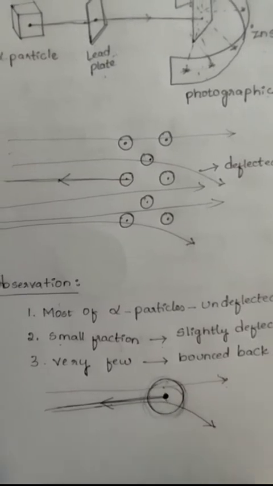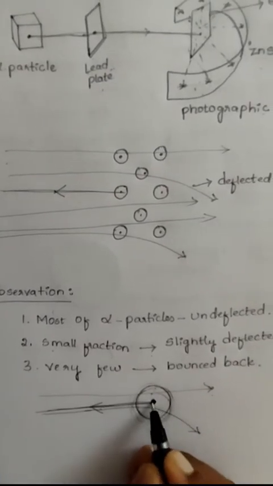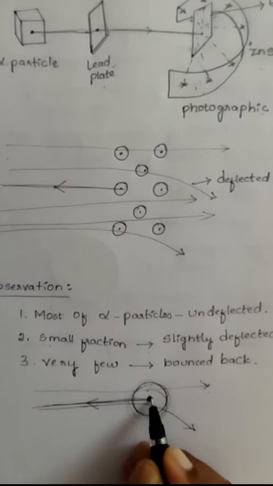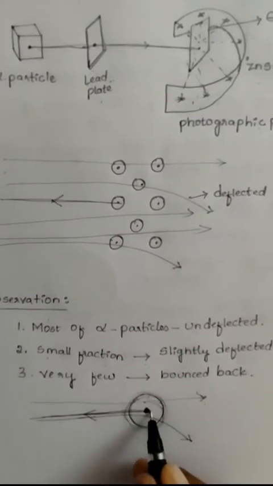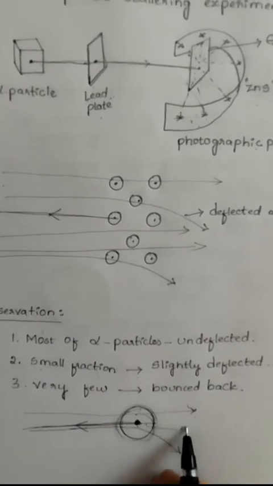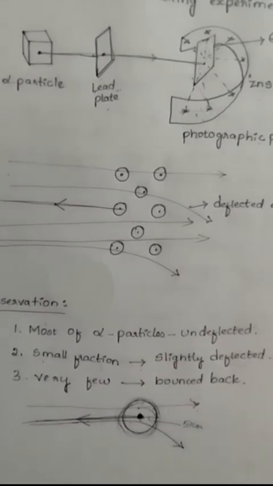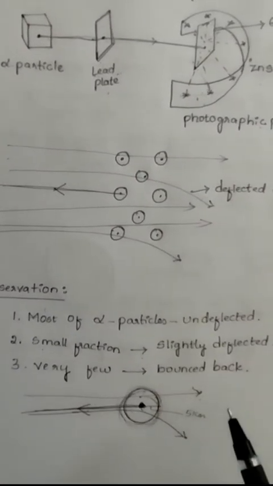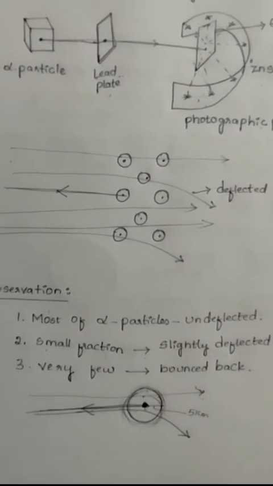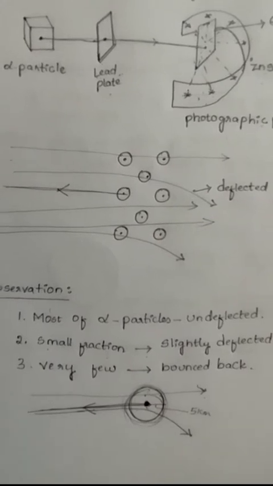See, for example, if the nucleus is like a cricket ball placed in a big ground of radius 5 kilometers, the size of the cricket ball is very small.